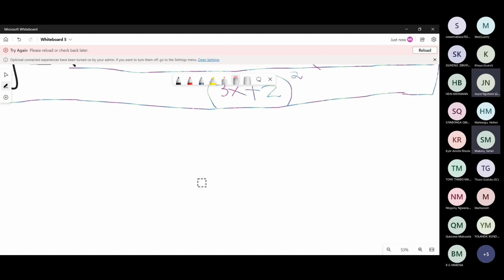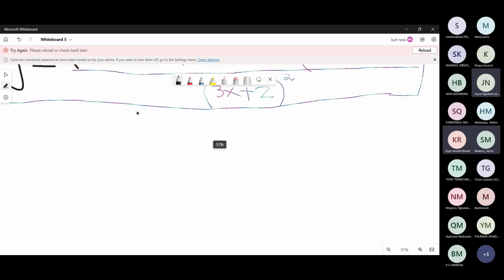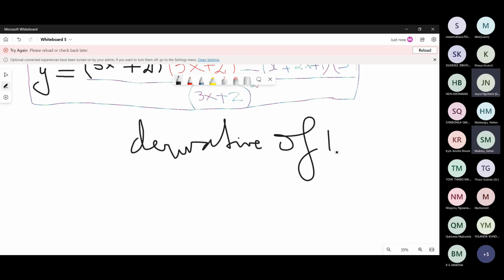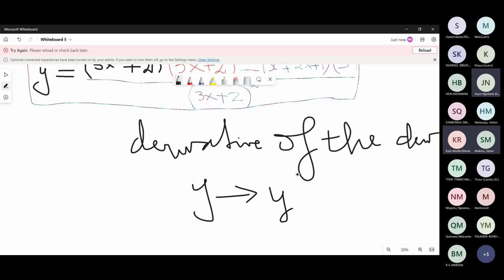Yes, basically it's like the second derivative. The second derivative is basically the derivative of the derivative. Like you have y, you compute y prime, the first derivative, right?